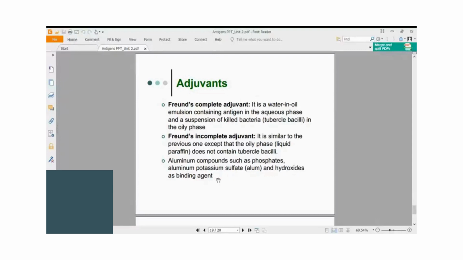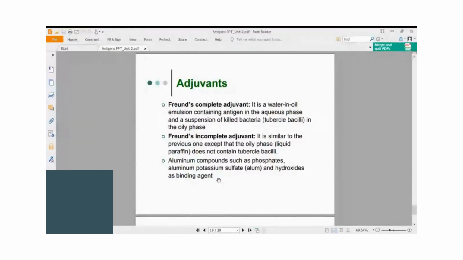The tuberculosis bacteria is a strong antigen. No immune system can be evaded by the tuberculosis bacteria. Therefore, the dead preparation of tuberculosis bacteria is suspended in the oil phase, and it does contain a significant amount of a peptide on its surface called muramyl peptide.